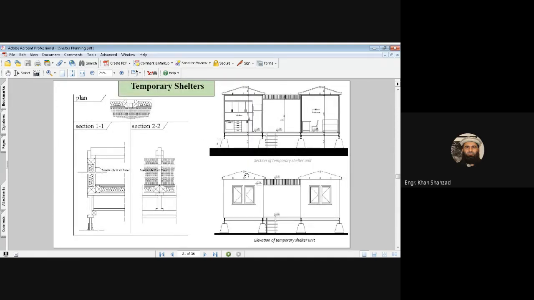So here you can see the section, the plan, the sections, and you can see the elevation.